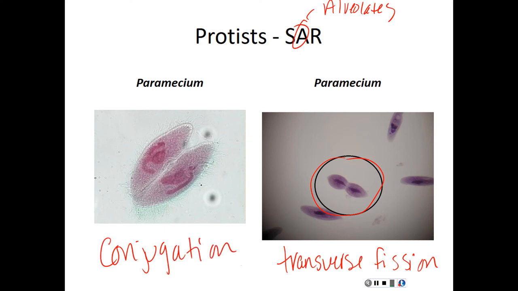Two paramecium are going to align and swap their micronuclei. The paramecium have the really obvious macronucleus, but they also have smaller micronuclei, which they will swap with each other in conjugation to generate genetic diversity.